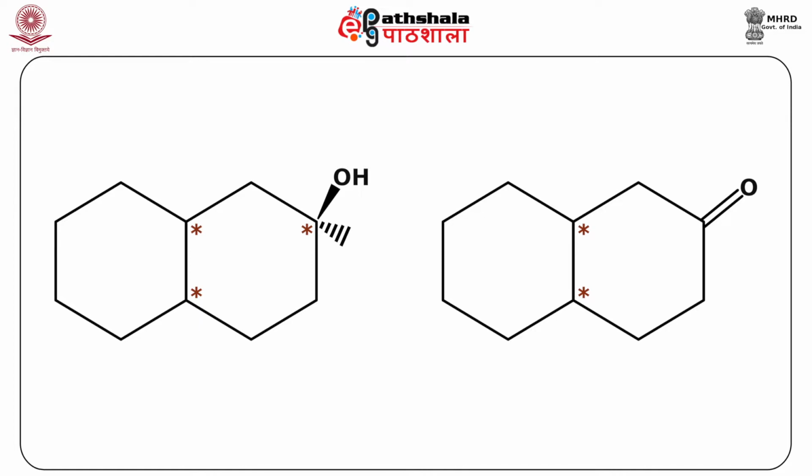The point of substitution will not generate a chiral center here because it is an sp2 hybridized carbon where the carbonyl group is introduced. Thus, the number of stereoisomers theoretically possible would be, for decalols, 2 raised to the power 3, that equals 8 stereoisomers, and for decalones, 2 raised to the power 2, that equals 4 total stereoisomers possible.